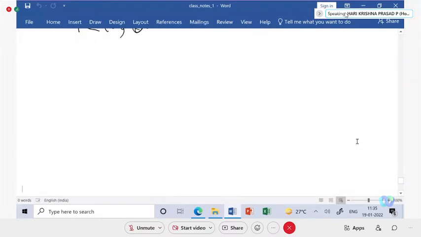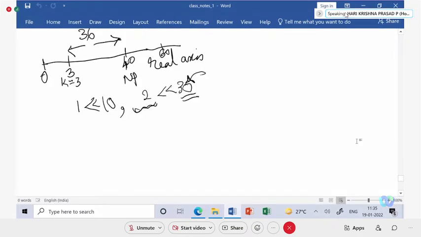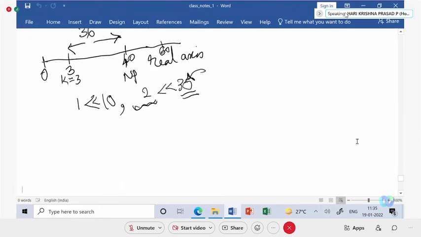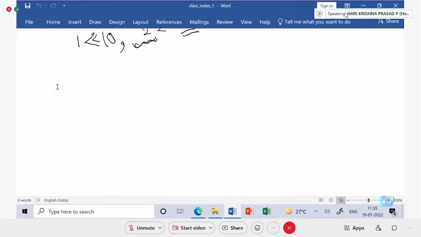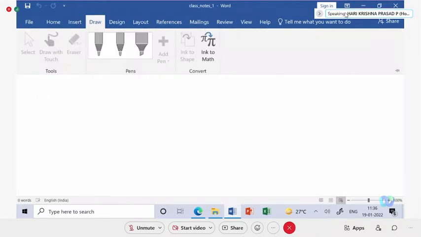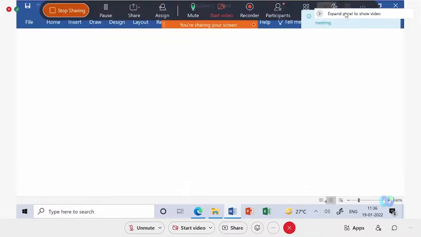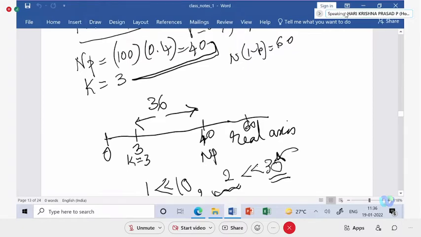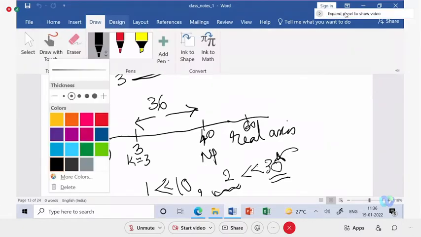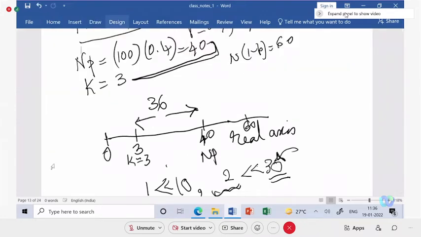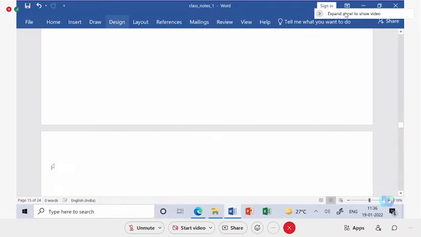When you toss a coin, the outcome is either head or tail.